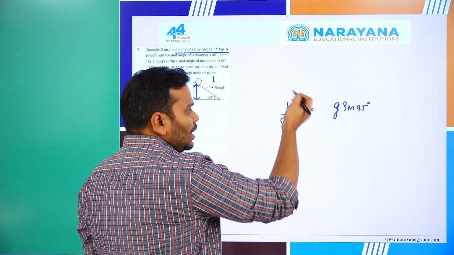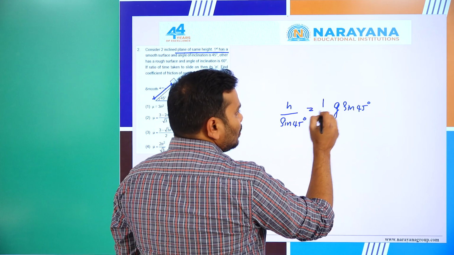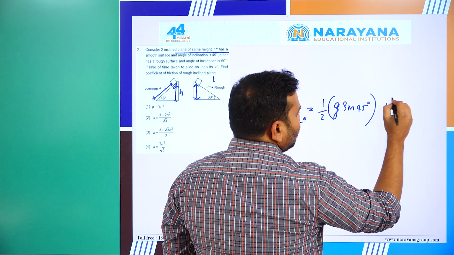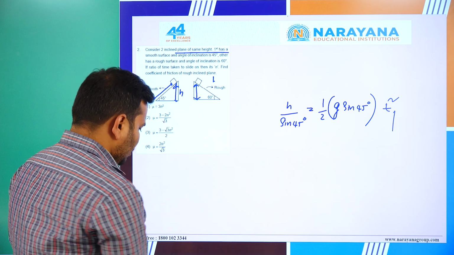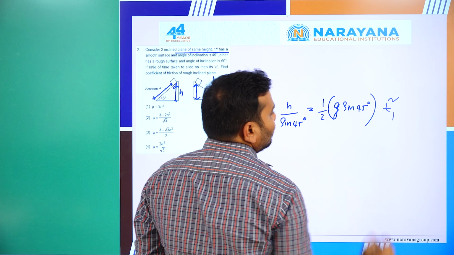I am simply writing s equal to ut plus half a t square, with initial velocity 0, so half into g sin 45 into t square. In the first case, I am taking the corresponding time as t1.